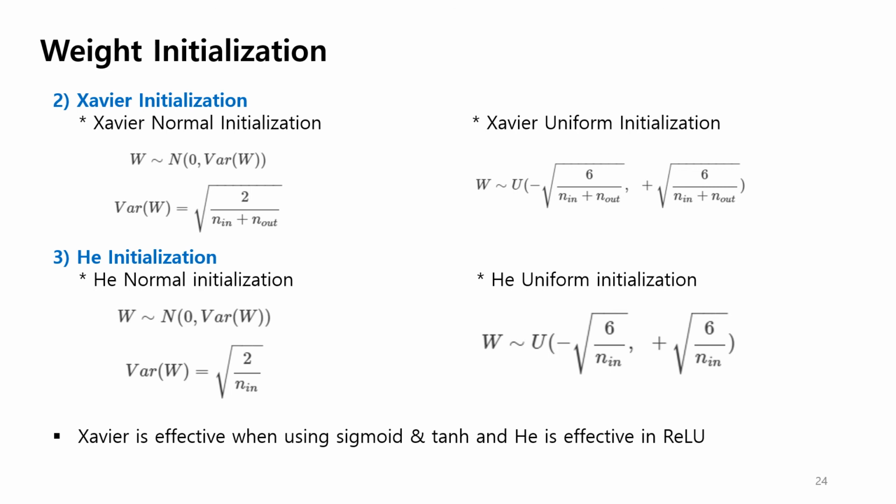Okay. So you can choose any of these, but actually Xavier is quite popular. Okay, so many people use Xavier initialization. Xavier is effective, especially when using sigmoid and hyperbolic tangent. Also, you use Xavier when you use ReLU as well. But sometimes He is known to be very effective when you use the ReLU function.